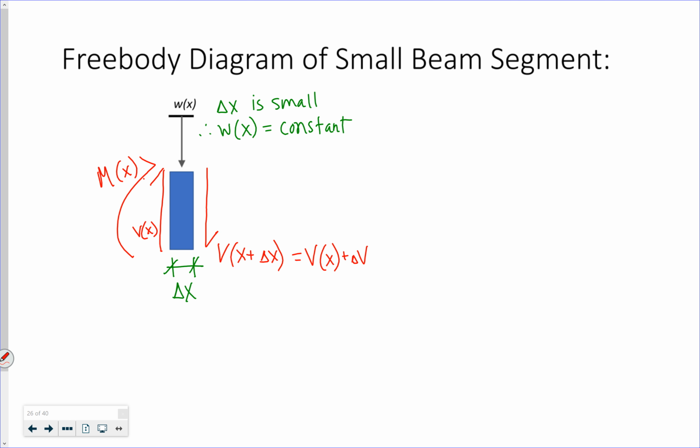If there wasn't that applied load, then yeah, the shear would be the same. And I also have a moment with a value M of x plus delta x, which is essentially M of x plus some delta M, some change in moment.